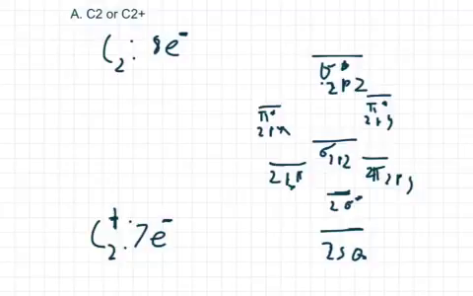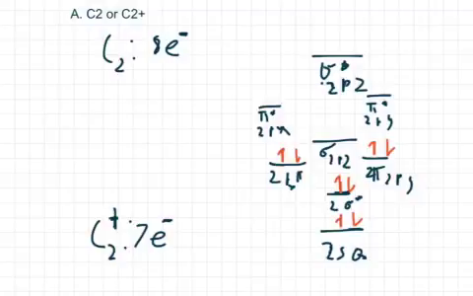In this case, 1, 2, 3, 4, and then using Hund's rule, 5, 6, 7, 8. So now we have all 8 of the valence electrons filled in, in the correct orbitals.